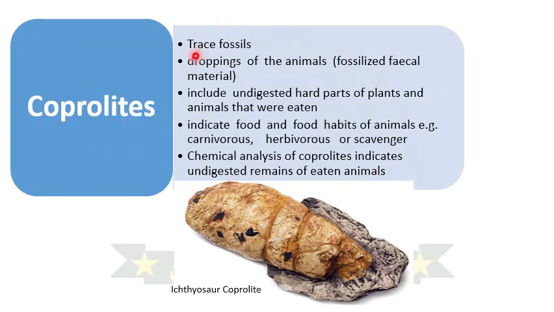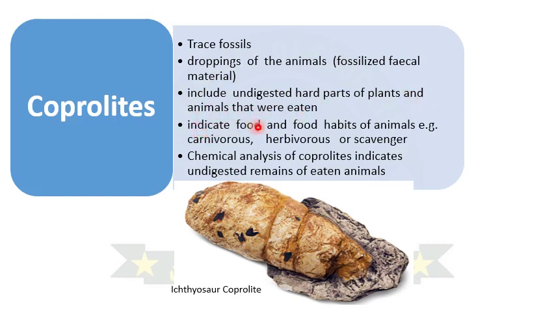Coprolites. Coprolites are trace fossils. These are droppings of animals, meaning fossilized fecal material. These include undigested hard parts of plants and animals that were eaten.